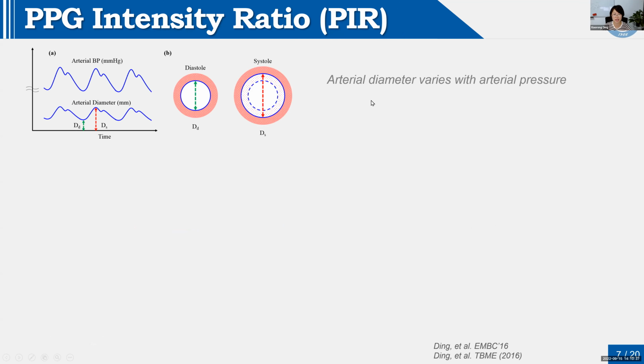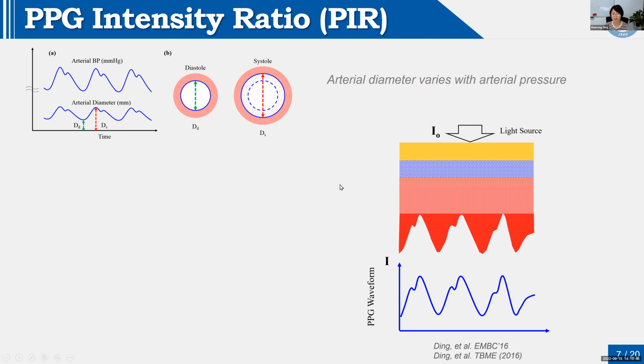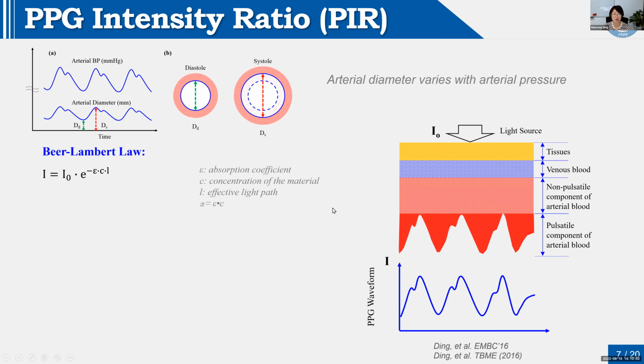The basis is that we know the arterial diameter varies with arterial pressure, as you may see from this figure. And the formation of PPG signals is based on the Beer-Lambert law, right? Here, L is the effective light path, and the PPG signal basically reflects the blood volume, and the blood volume actually changes with the diameter change of the blood vessel.